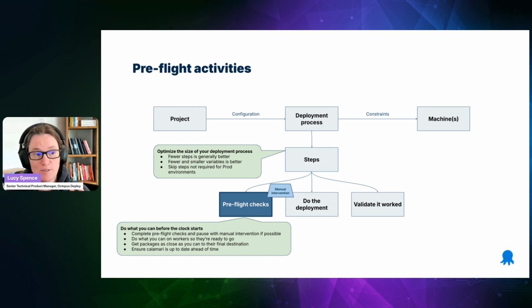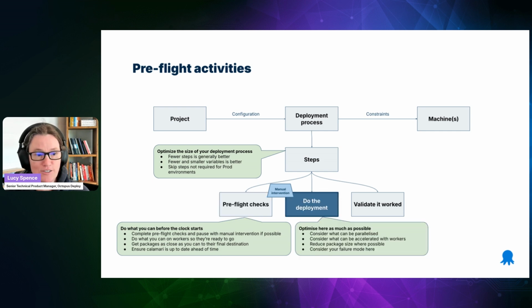One of the great things about Octopus Cloud is you get new features all the time. Every now and then, one of those features requires an update to Calamari, and Calamari will automatically update itself. What you don't want is to have Calamari update during one of these critical time periods. So if you can do something ahead of time, or in the hour before your deployment window starts, it's a good thing to do, just to prompt that little update so it's not happening during your window.